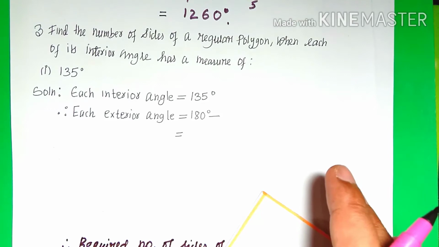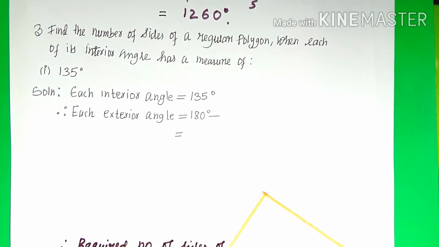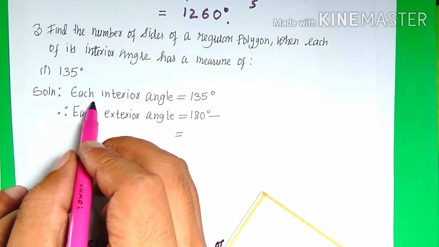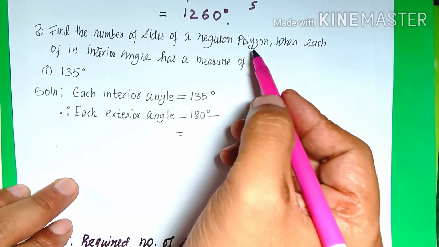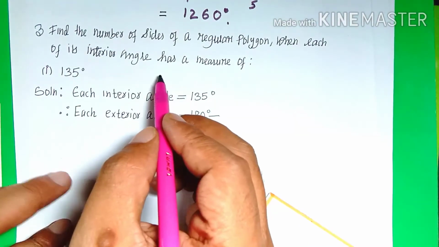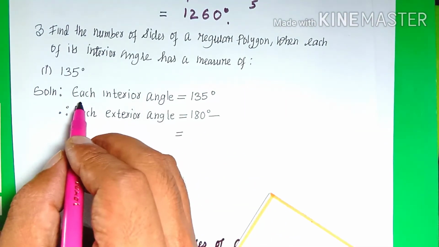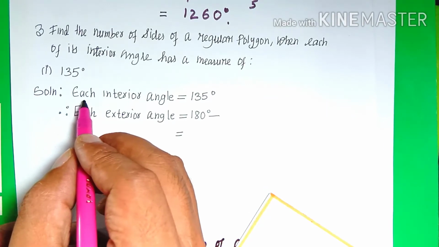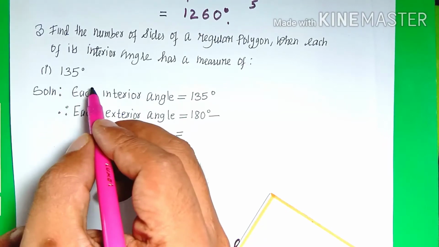Now the next question: find the number of sides of a regular polygon when each of its interior angles has a measure of, sub-question 1, 135 degrees. Given that one interior angle is 135 degrees, we need to find the number of sides of the regular polygon.